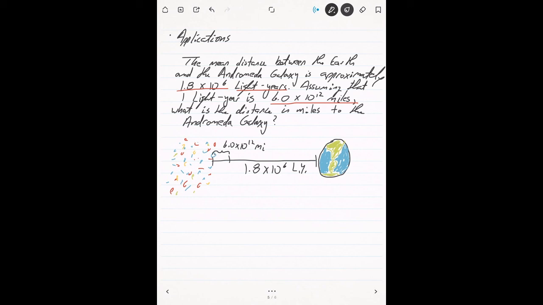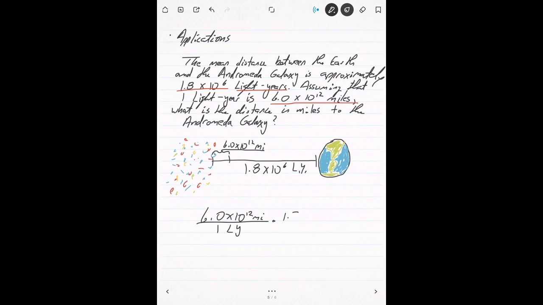Okay, the real distance between the Andromeda Galaxy and Earth is roughly 1.8 times 10 to the 6 light years. And each light year is about 6.0 times 10 to the 12 miles. So 1 light year is 6.0 times 10 to the 12 miles. This many miles per 1 light year.